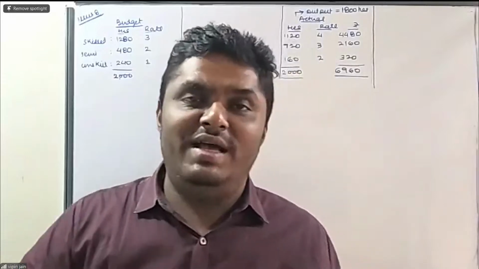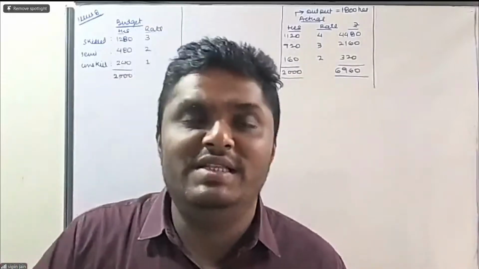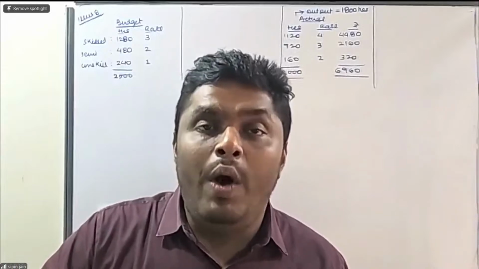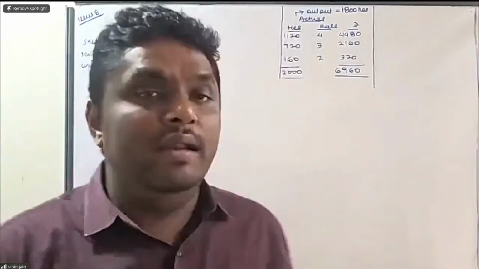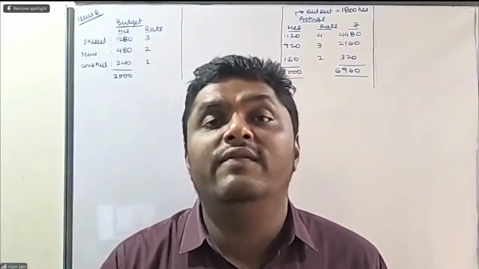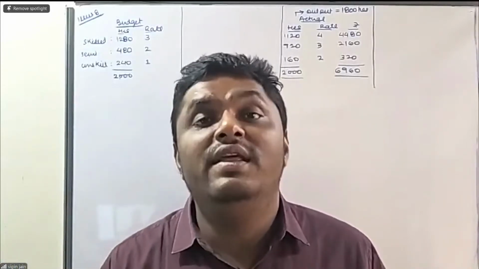See, many students answered yes, but honestly speaking, these two figures are not comparable. Why? What's the reason? Herein, this question is a unique question wherein the output is not given in units, it is given in hours.